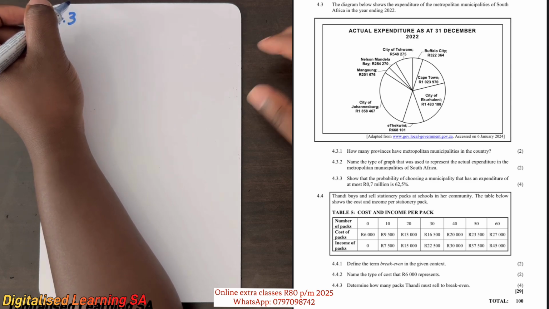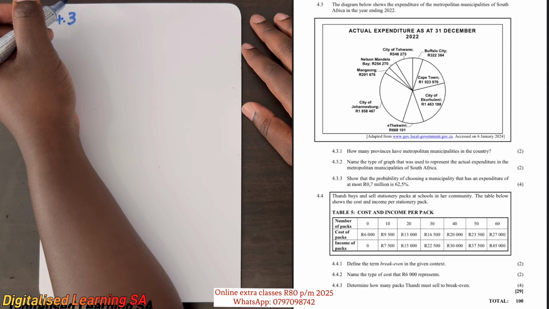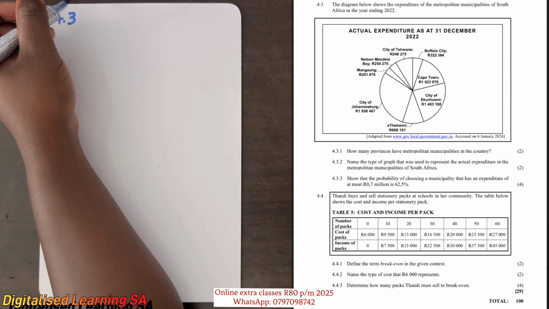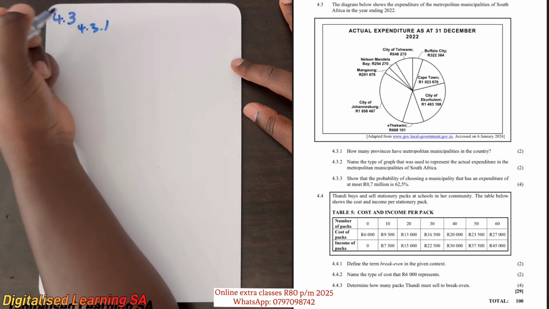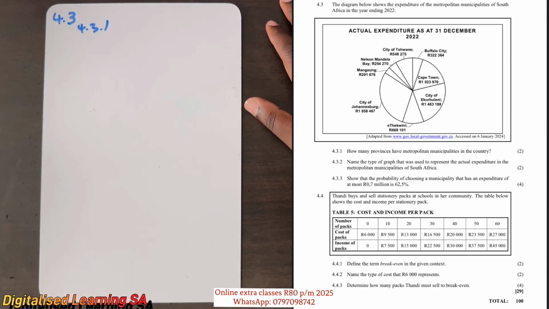Okay, so 4.3 says that the diagram below shows the expenditure of the metropolitan municipalities of South Africa in the year ending 2022. So if you check here, we have 1, 2, 3, 4, 5, 6, 7, 8.